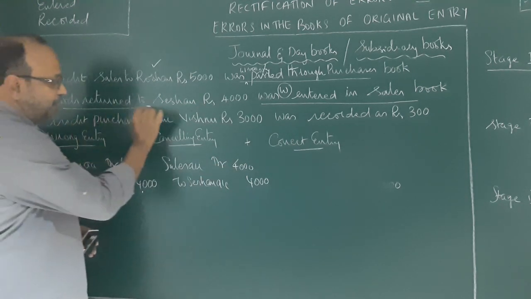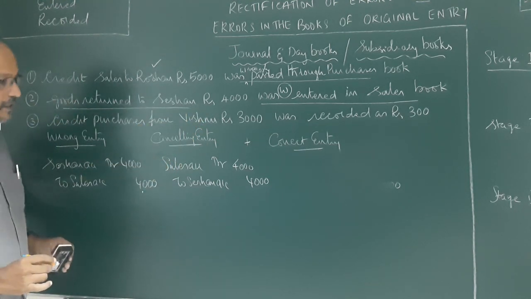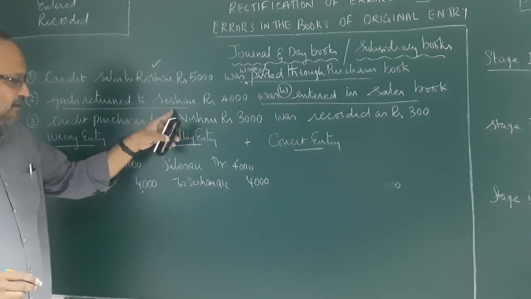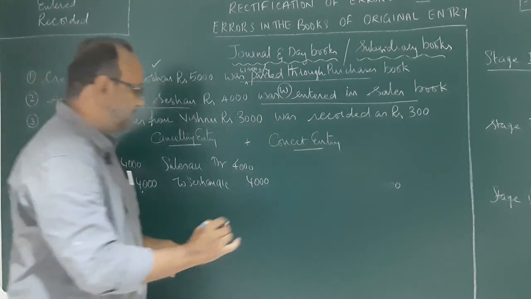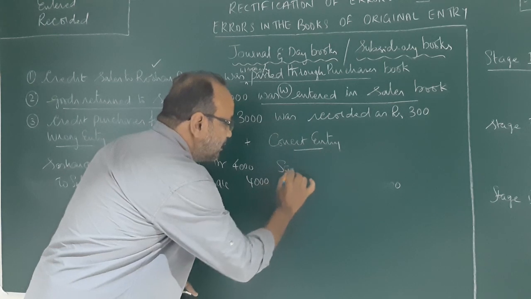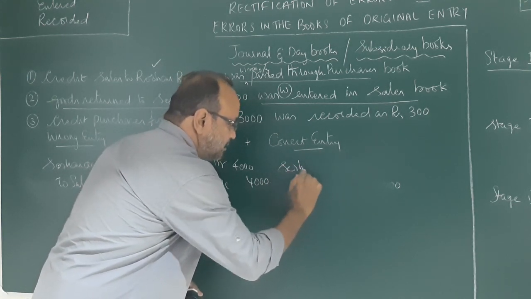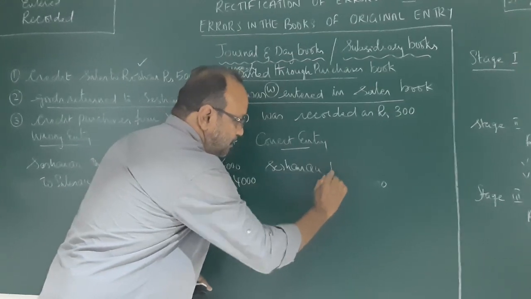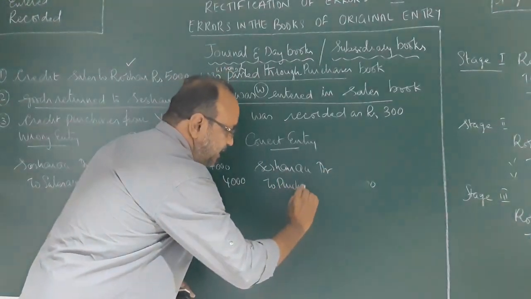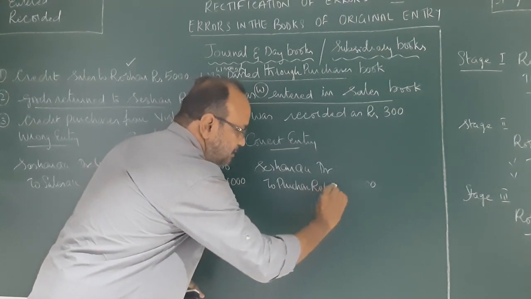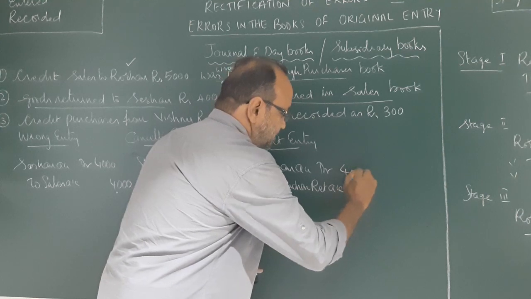Goods returned to Session. It is purchase return or return outwards. Session is the receiver and the purchase returns is the amount to be credited. Session account debit to purchase returns account. It is 4,000.